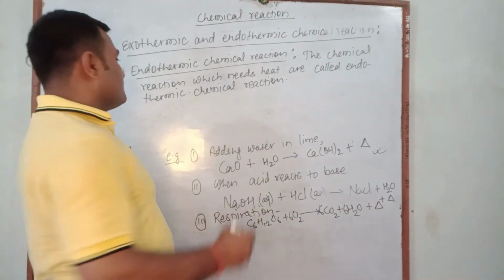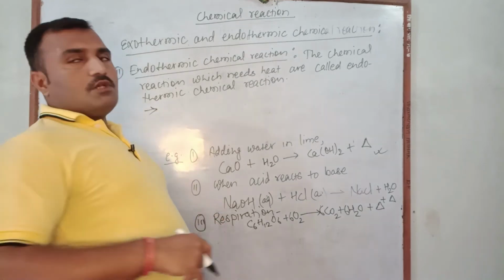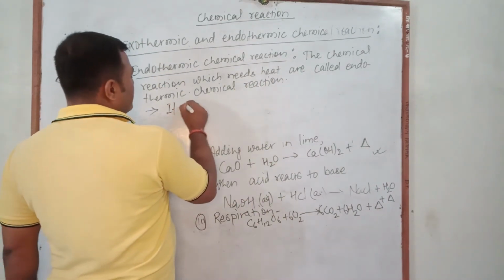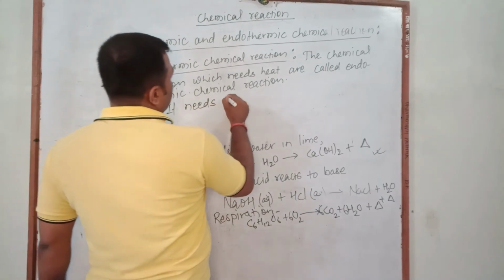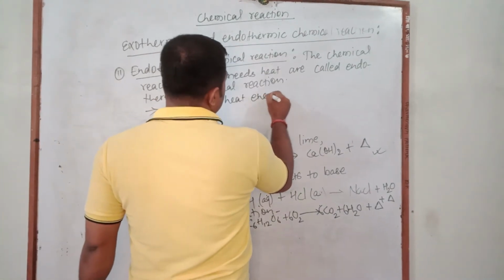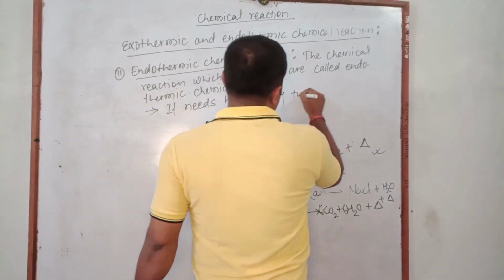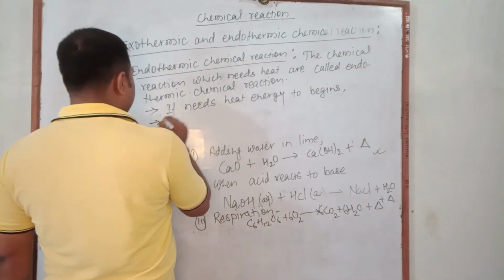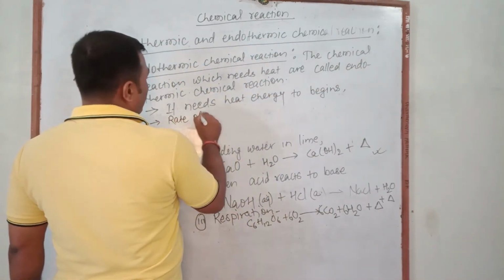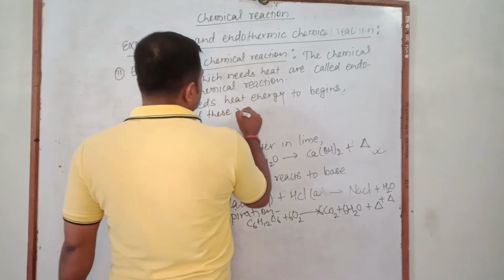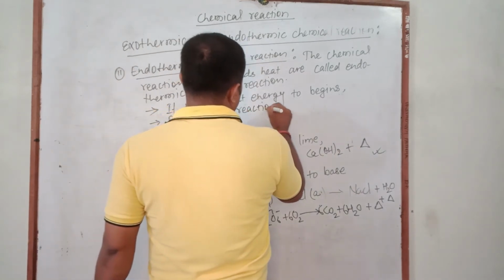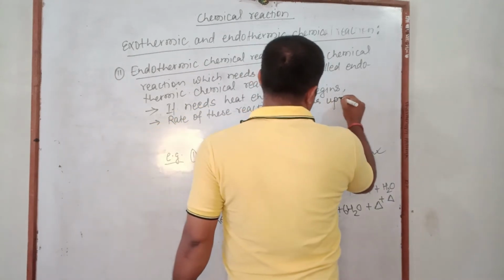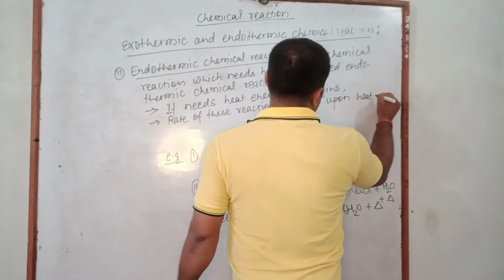In this process, the reaction is initiated only when we give heat energy, or it needs heat energy to begin. Other, the rate of this reaction depends upon heat energy.